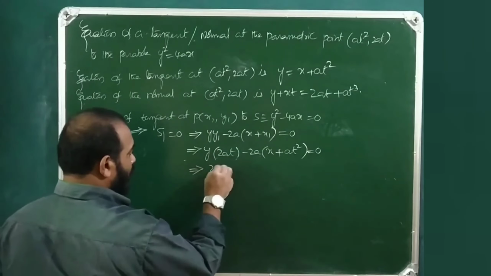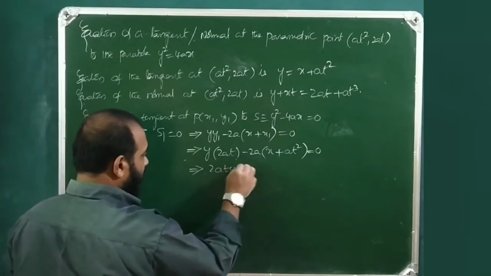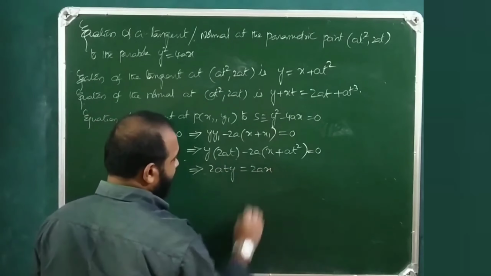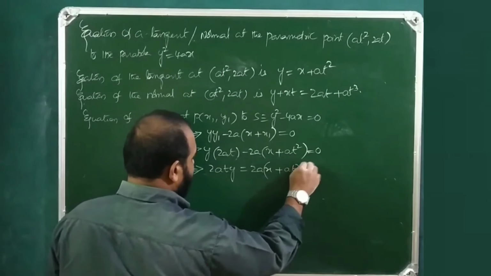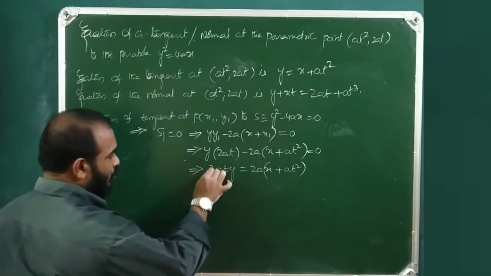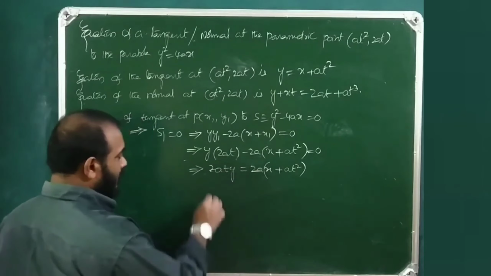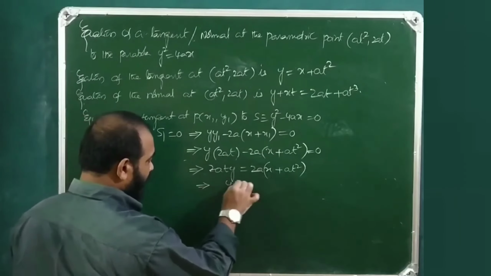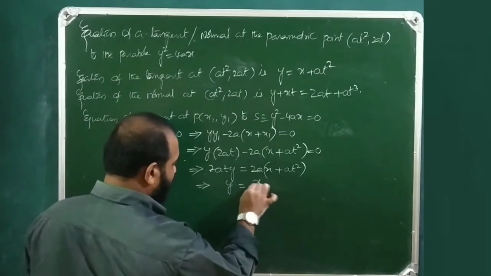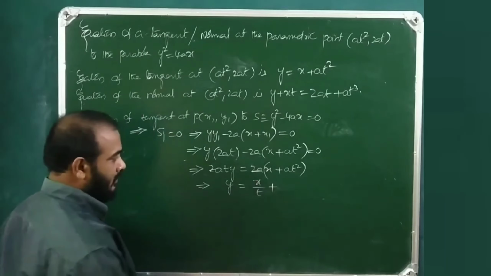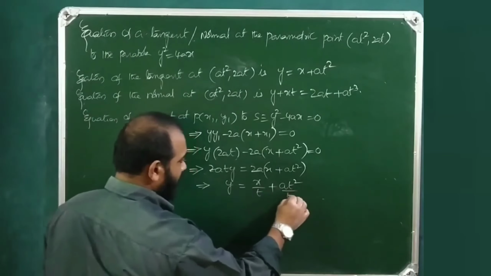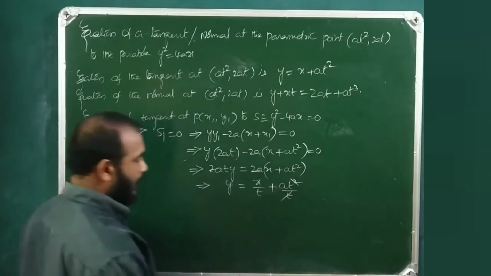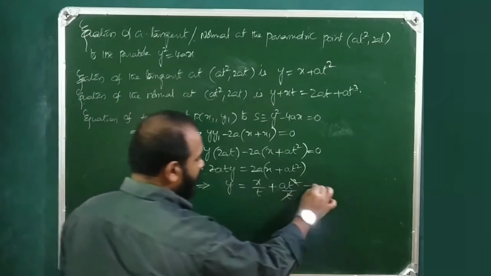This is 2aty = 2a(x + at²). So 2a gets cancelled. So y = x/t + at²/t. So t gets cancelled. What is the slope here?